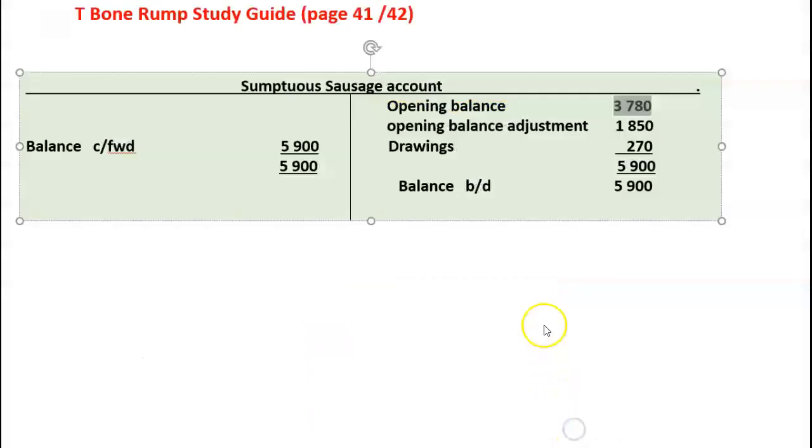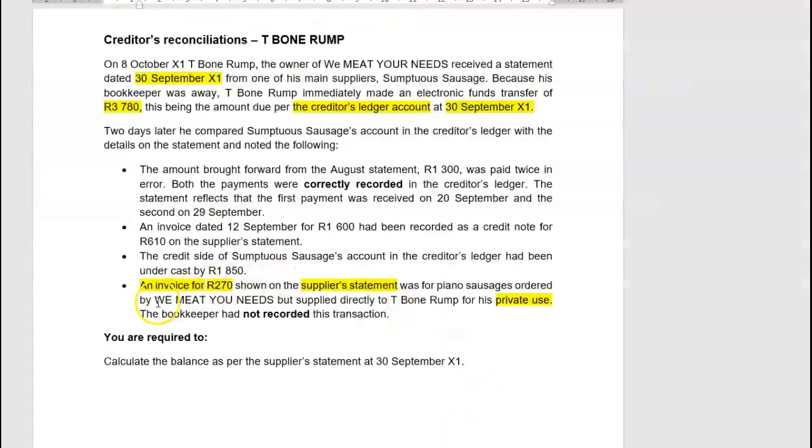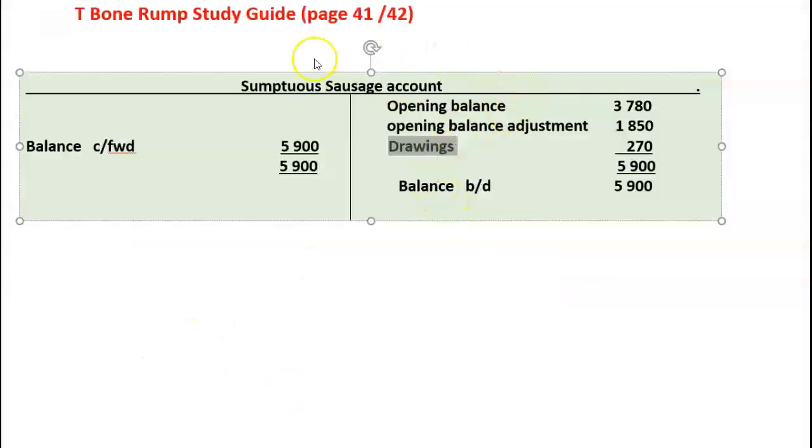So if we want to do the same here, we are going to post that entry into the creditor's ledger account of Sumptuous Sausage. So it will be a credit on this side. Why? Because balances increase on the credit side. It's a creditor's account. So we're going to credit this balance with 270 Rand, and we're going to debit drawings with 270 Rand. And that was actually the last balance here. So now we can go along and balance off our account of Sumptuous Sausage.